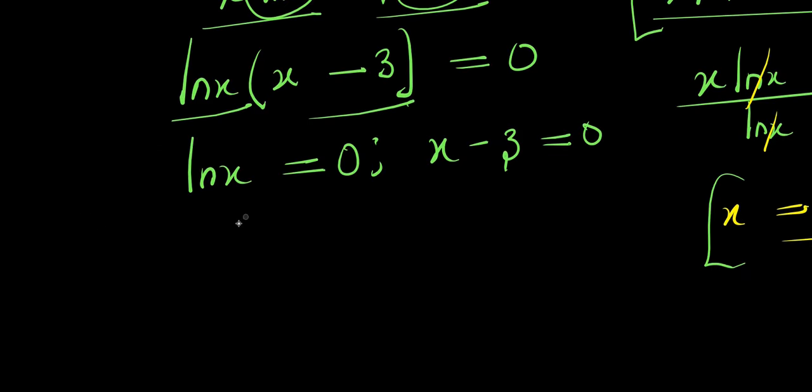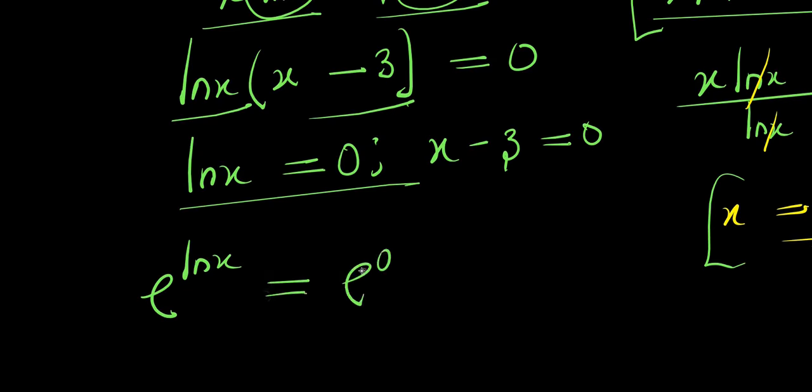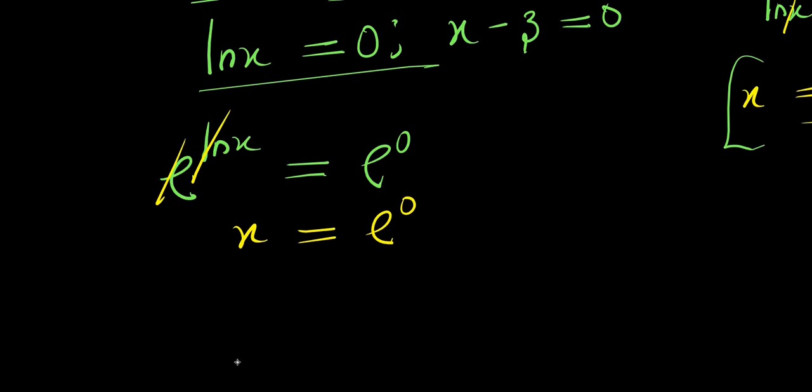Now, you can solve this by making use of e. You have e power natural log x, which simply means this eliminates this. I have x equals e power 0. Like I said earlier on, e power 0 is 1, so you have x equals 1.